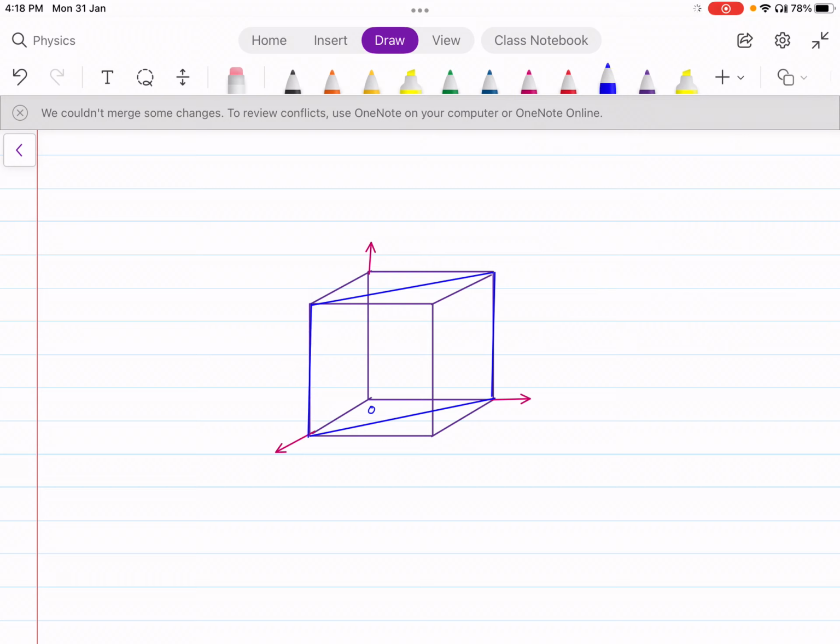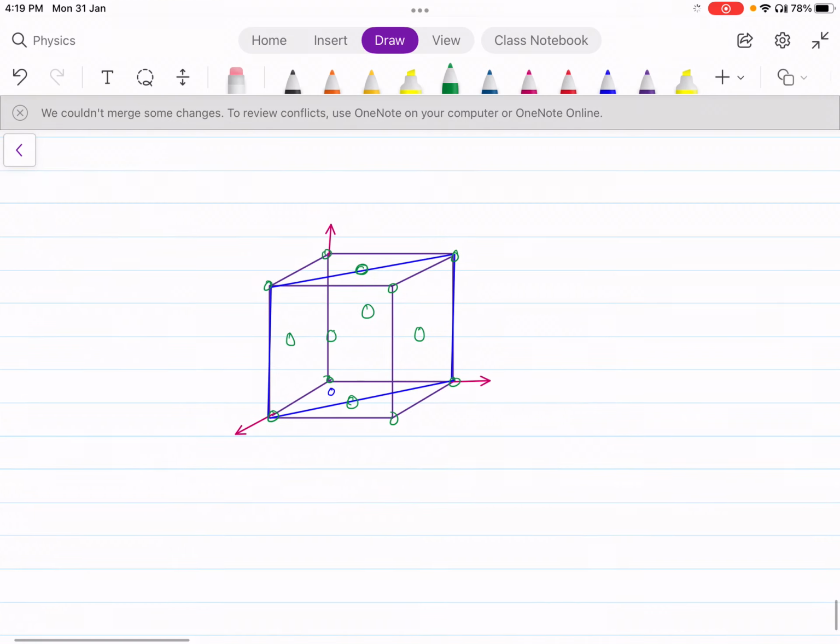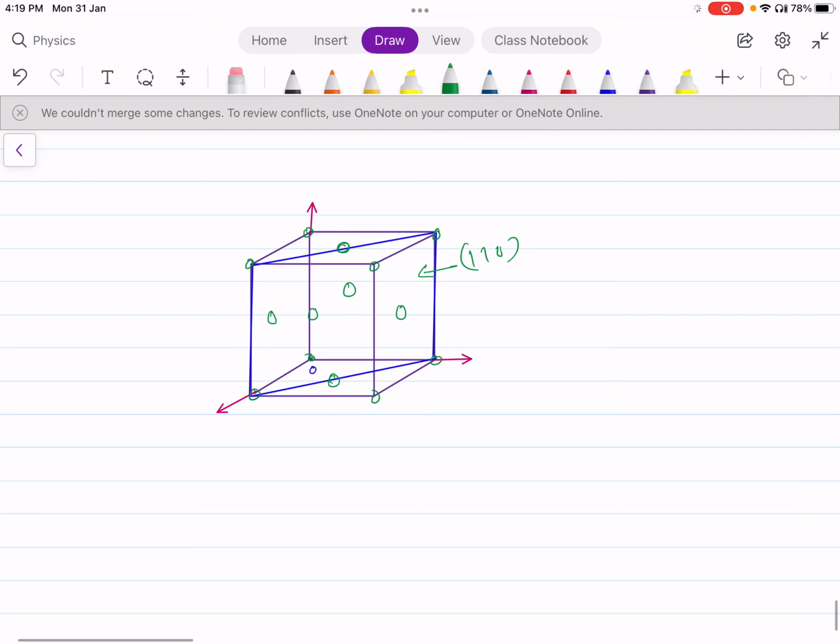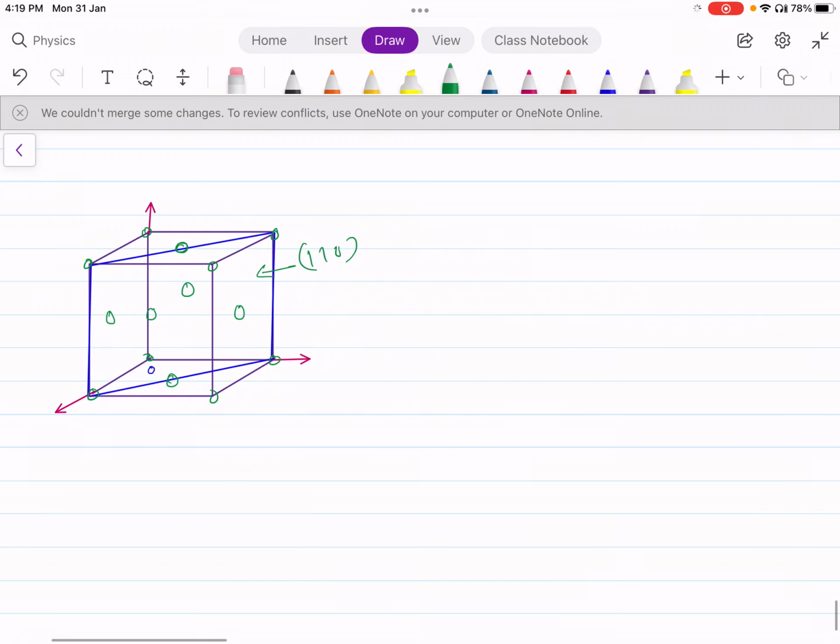Now this is FCC. So let me show the atoms at the 8 corners and 6 face centers. This is one face center over here, this is another face center, all these 6 are the face centers. But for this plane 110, as you can see, atoms per plane: there are 4 corners, 1, 2, 3, 4.